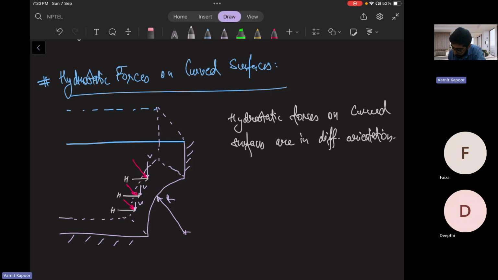So the resultant force can be obtained by horizontal and vertical components.